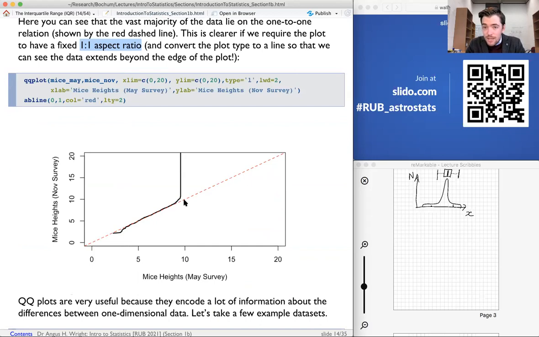That is to say that the quantiles of the May survey are the same as the quantiles of the November survey until you get to very large, until you get to the catastrophic outliers, and that's where it flies off to infinity. Now, the utility of the quantile plot is that it encodes a lot of information.